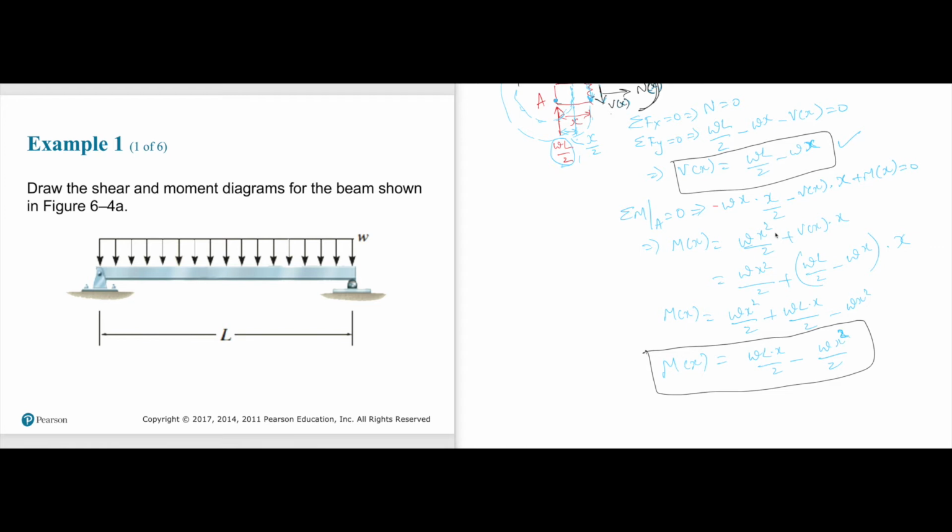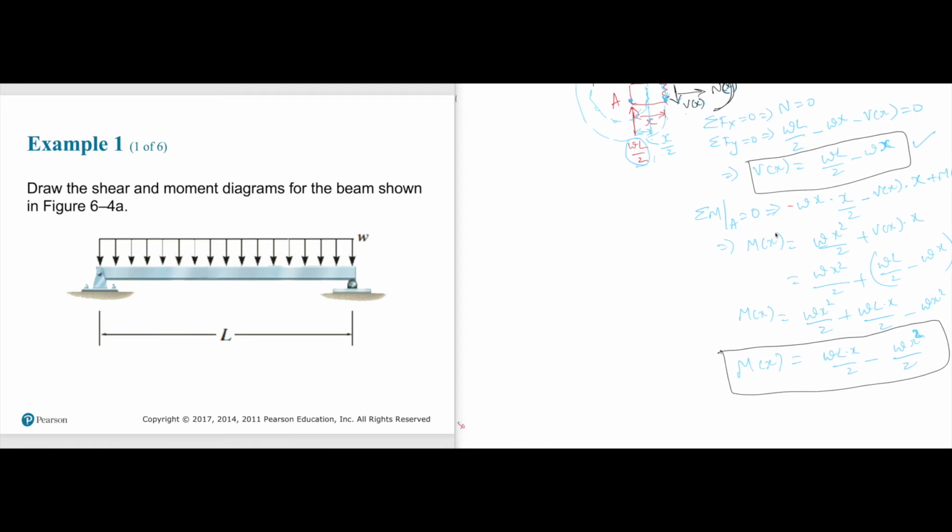Now we got the equations for moment, we got the equations for shear. What is the value of shear force at x equal to 0? Plug in x equal to 0 in this equation. When you plug in x equal to 0, you get WL over 2. What is the shear force at x equal to L? You get negative WL over 2, isn't it?